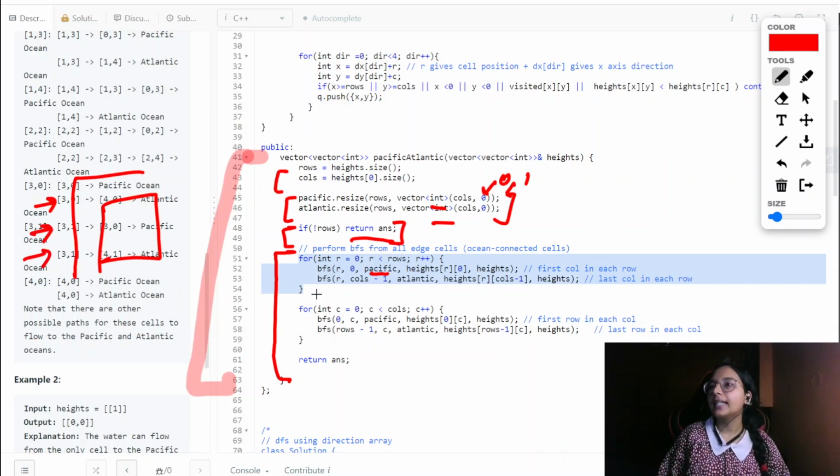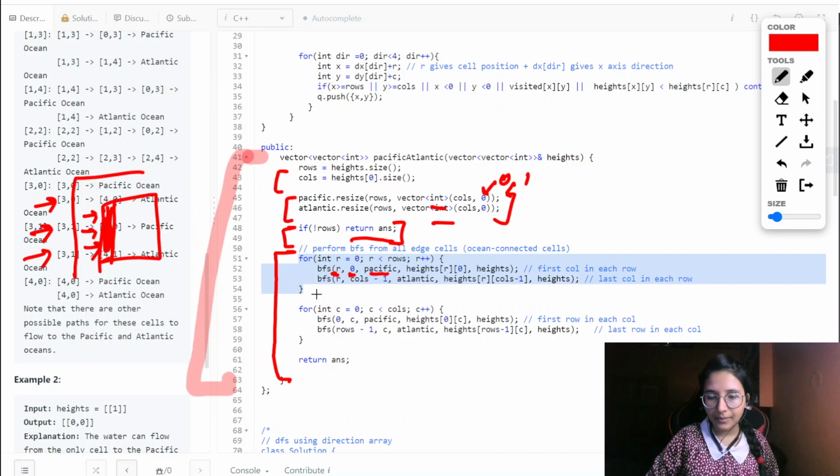That's why I'm passing all the rows which are there, and I'm going ahead with the 0th column, basically this column, because this is the column which is attached to Pacific, right? So my row is R, and 0 is my column.